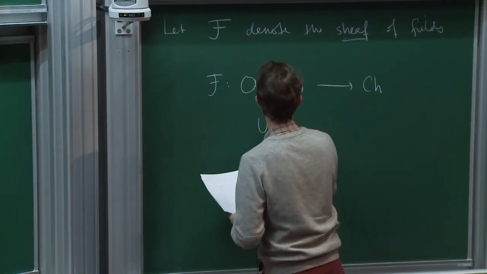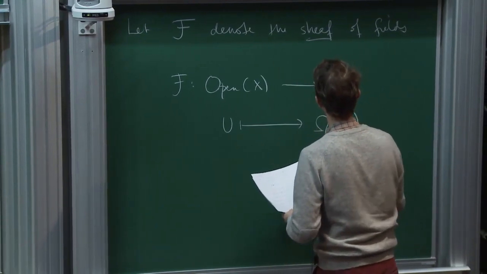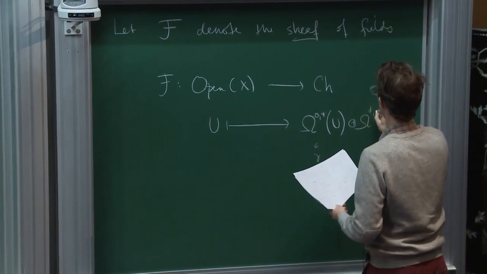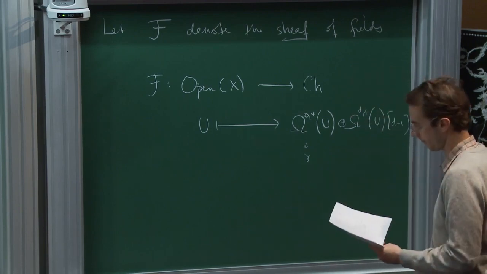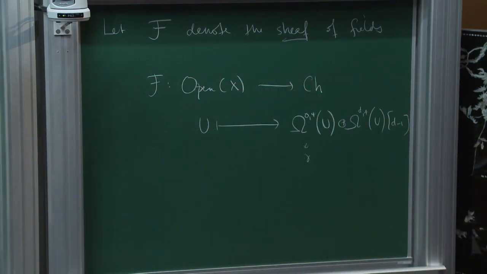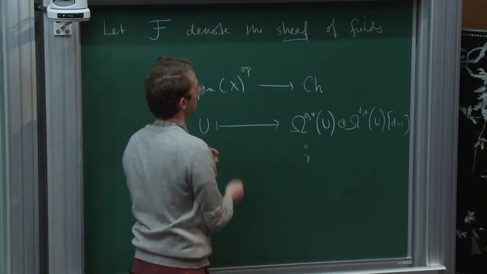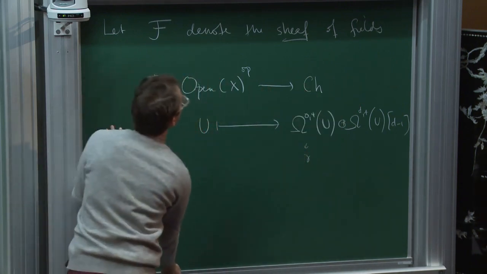And it's going to send the open set U to the Dolbeault forms on U, that's where gamma lives, plus the D-forms on U shifted by D minus 1. OK? And this is just the obvious, sorry, there's an op here. If I have fields on a bigger open set, it restricts to fields on a smaller open set.